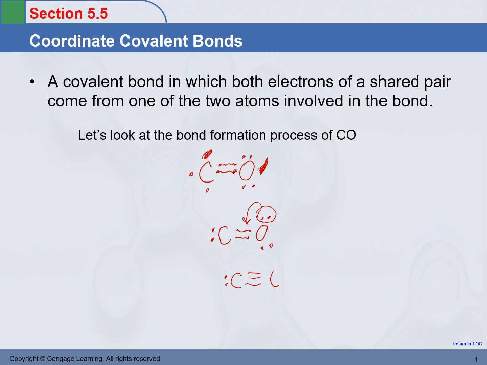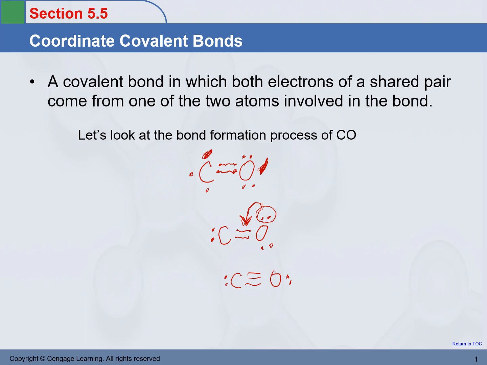Carbon got 8, oxygen gets 8. The last pair of electrons being put in between the carbon and oxygen is totally from oxygen. Carbon didn't contribute anything. That bond is a coordinate covalent bond.